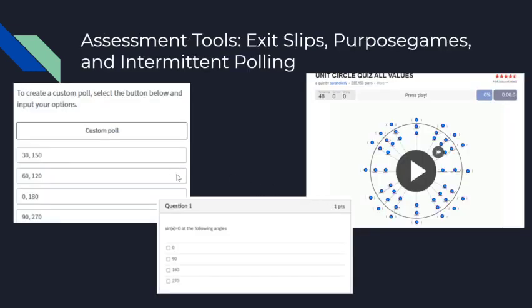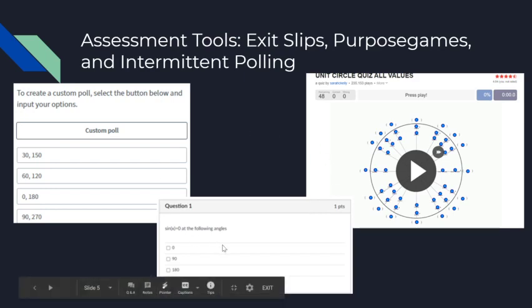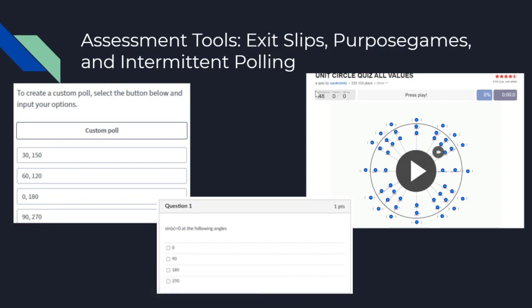And alongside all of these, on day 3 of the unit, there is a final assessment. Throughout the unit, there are assessments that I do intermittently throughout all of the lessons.